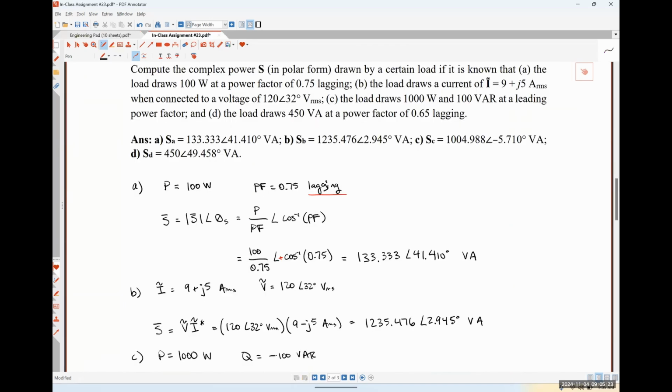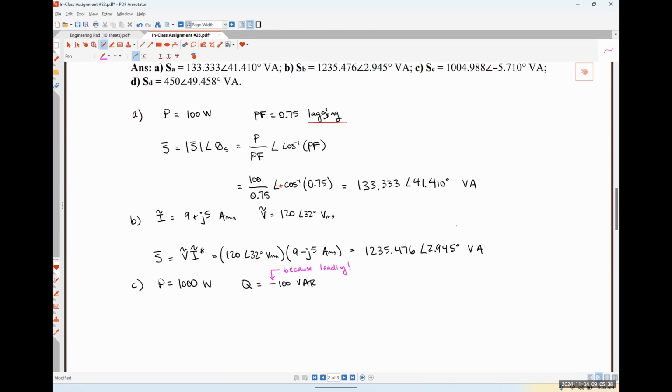So negative, and I'm going to put a little note here, because leading. Okay. S is nothing more than P plus JQ. So that's literally just going to be 1,000 minus J100 in rectangular form.